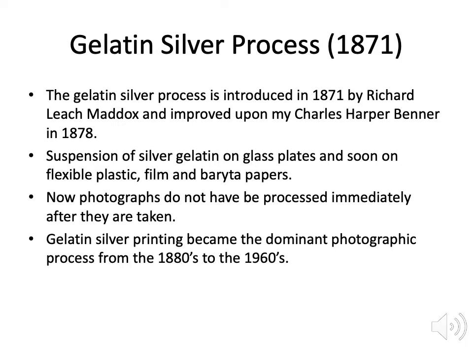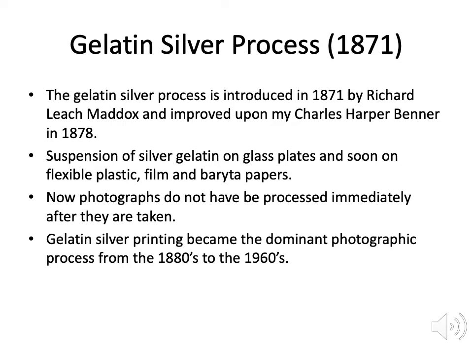And then he gets to eventually make it on a flexible plastic film, which what we call today is cellulose. Now, when you're doing this, you don't have to process them immediately. His chemicals, as long as they were not exposed to light, could be stored and then printed at a later time or developed at a later time.